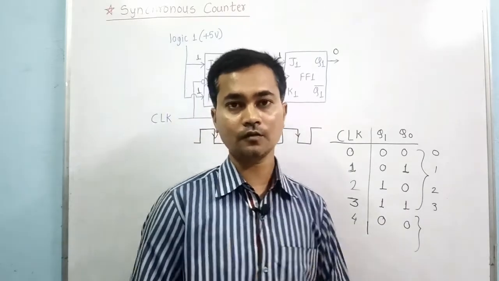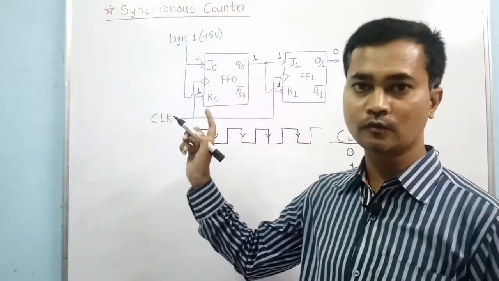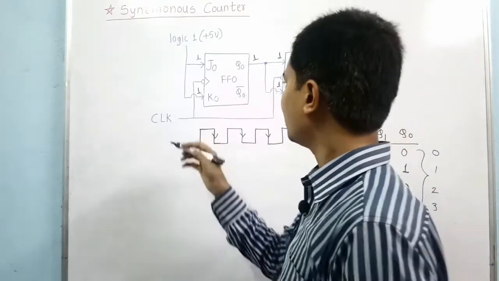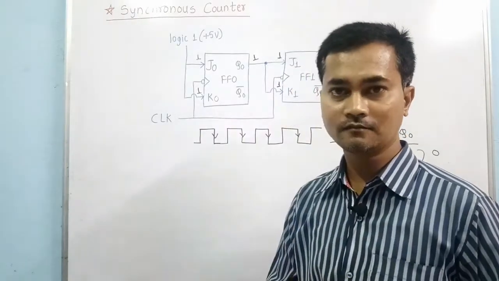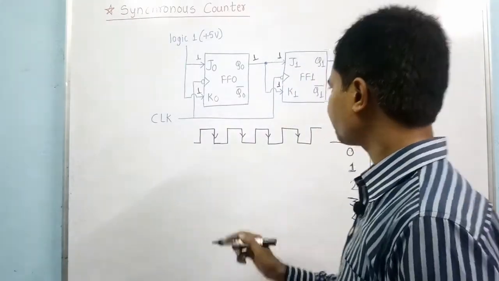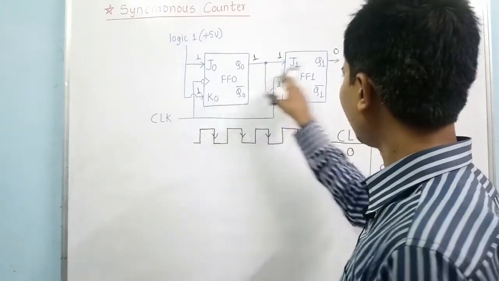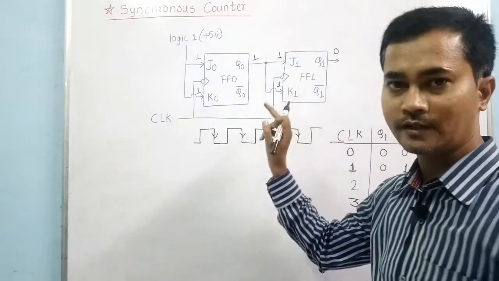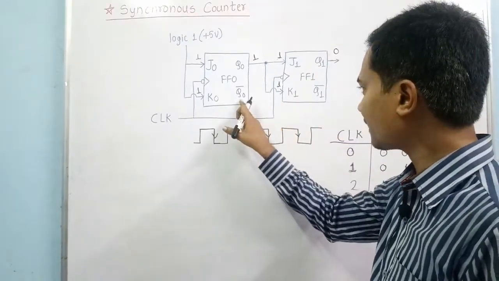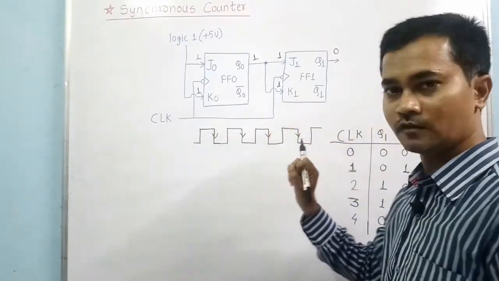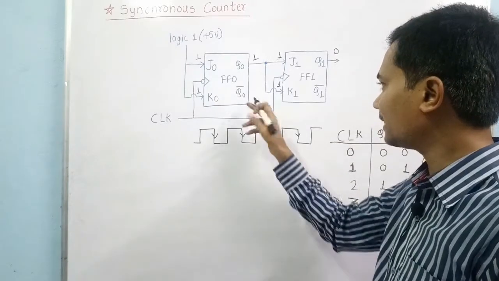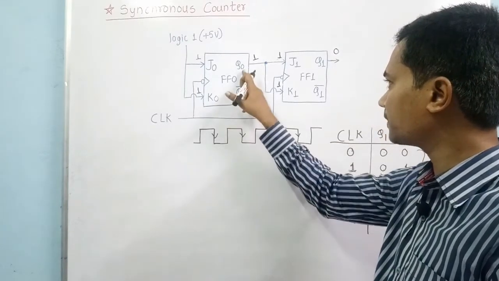Now if you want to make the same circuit a down counter, what changes should be made here? Instead of taking the outputs from Q0 and Q1, you have to take the outputs from Q0 bar and Q1 bar, because anyhow we are getting the complemented version of Q0.